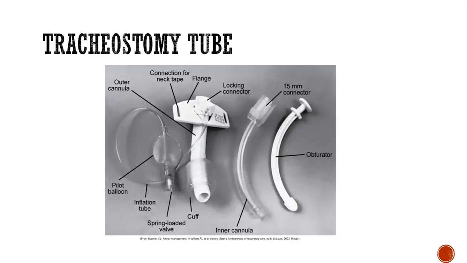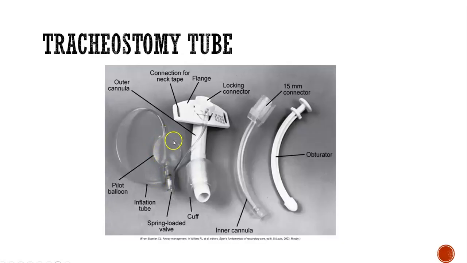Okay, so tracheostomies. I know that we talked about this in the summer, and I did trach care competencies with you guys, but there's a couple different types. We can have a cuffed or a non-cuffed. Remember, this little obturator is the thing that always stays at the bedside with the patient.